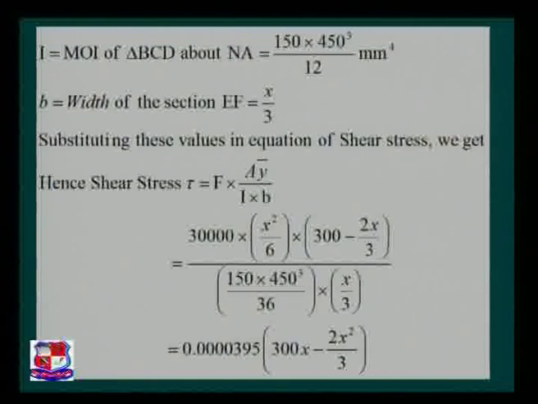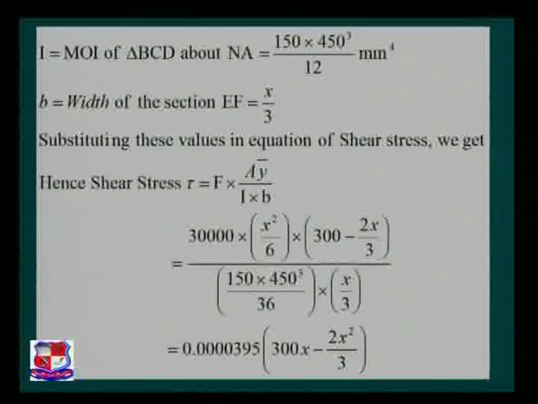So I is nothing but the moment of inertia of the ABCD section above the neutral axis. That is an interesting point, above the neutral axis, 1 by 12 B H cube. Moment of inertia of ABCD about the neutral axis, about the base right now. So 1 by 12 B H cube, that is for that one.